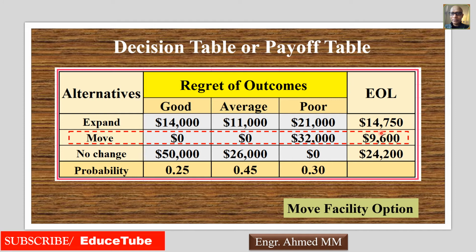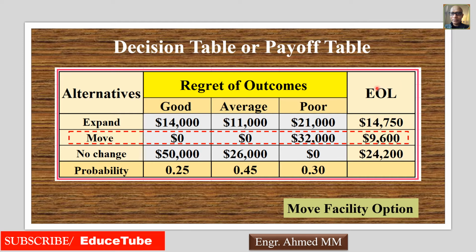So in the previous slide, in expected monetary value, we have chosen alternatives with maximum value, maximum EMV, but this one we are choosing alternative with minimum EOL. But previous one also was move.